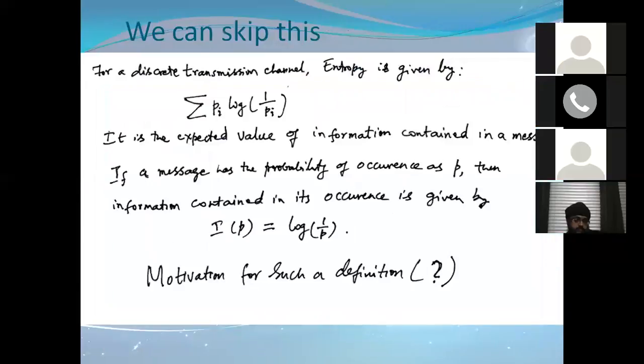Well, this is the definition of entropy. I'll skip this. You can just look at some literature on this. So basic entropy basically means average information per message that flows over a channel.